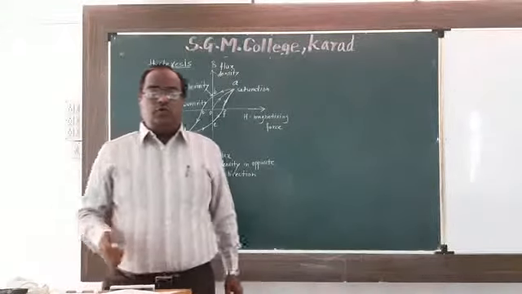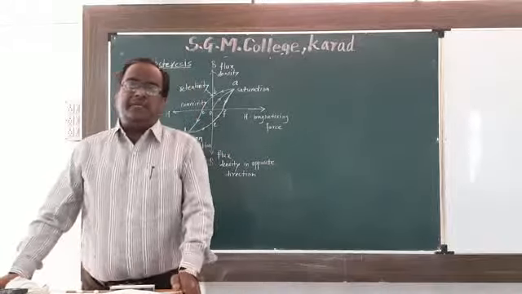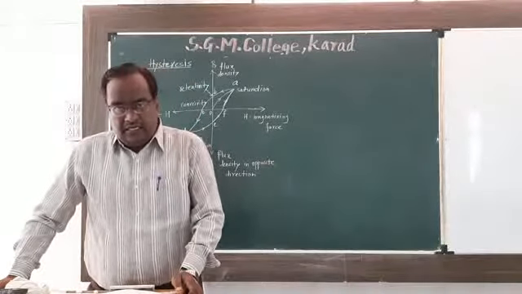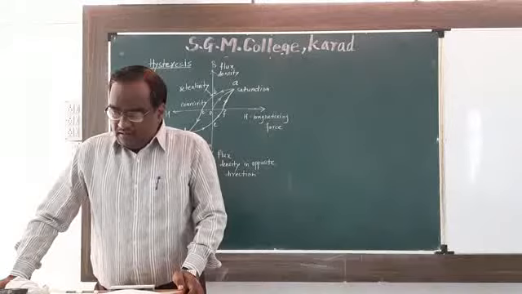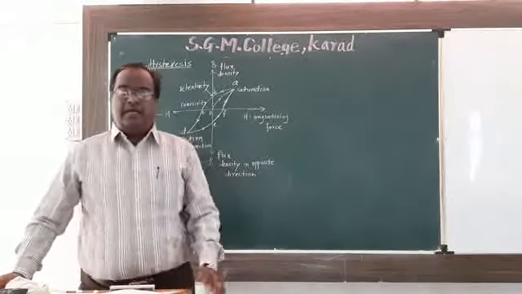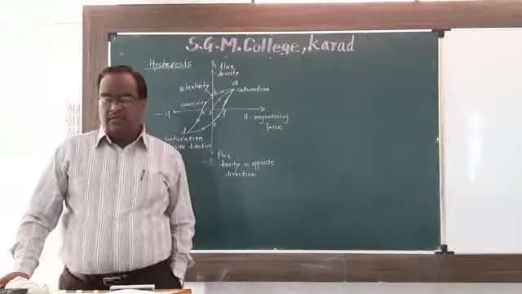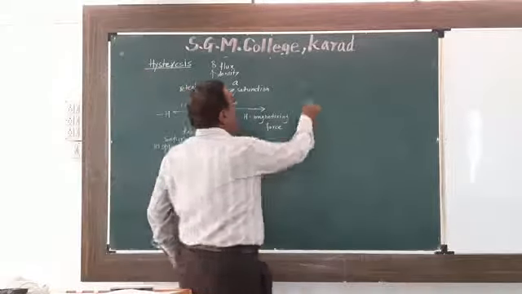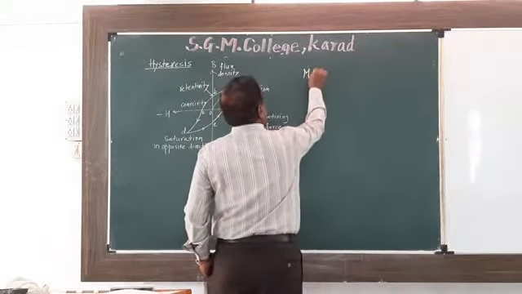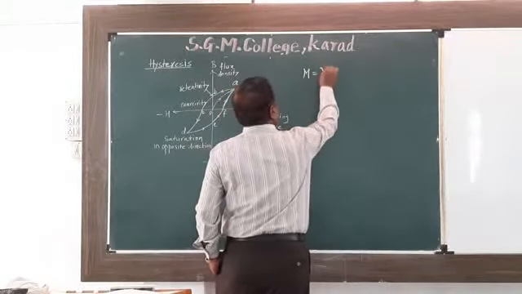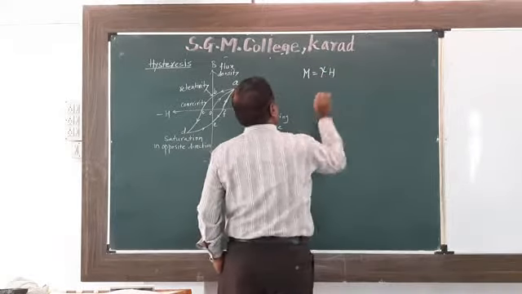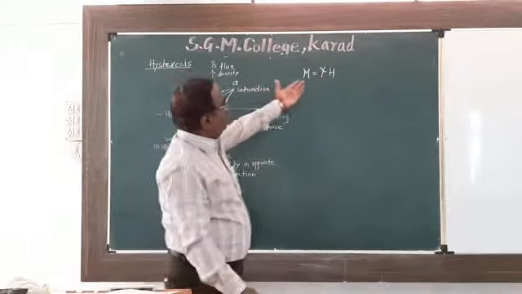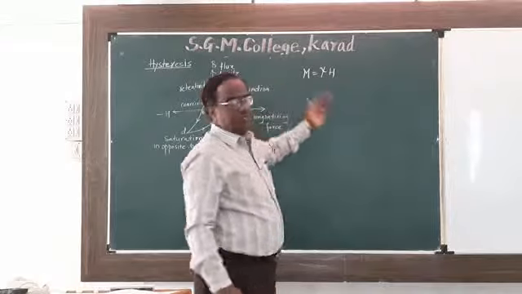If we know the susceptibility chi of the material, then we can determine the magnetization M = chi H, where H is the magnetizing field.